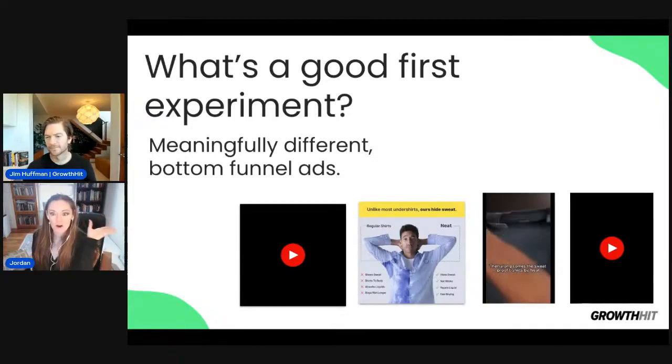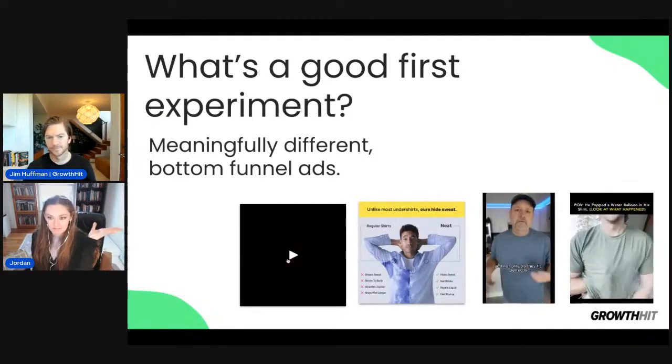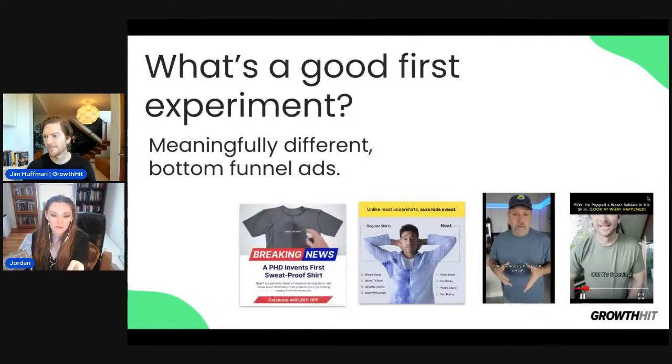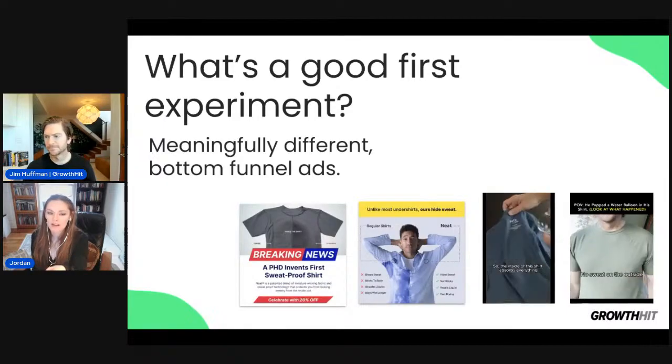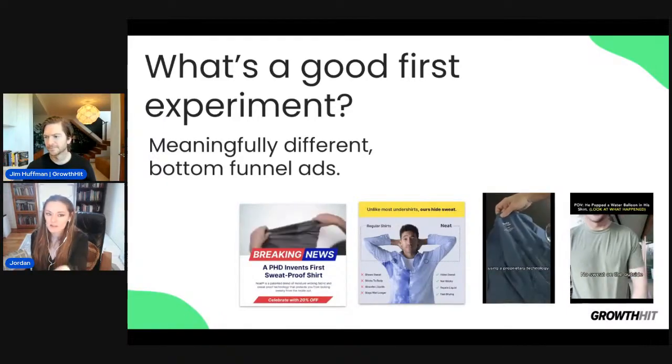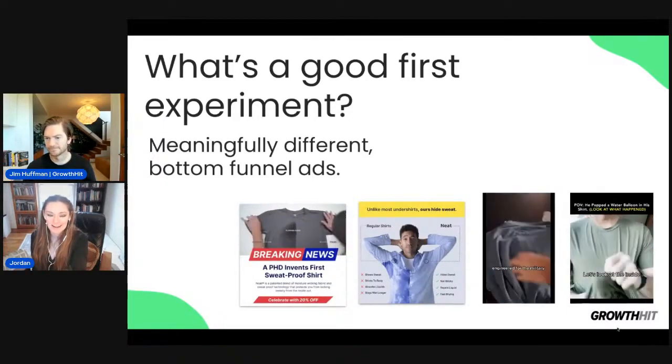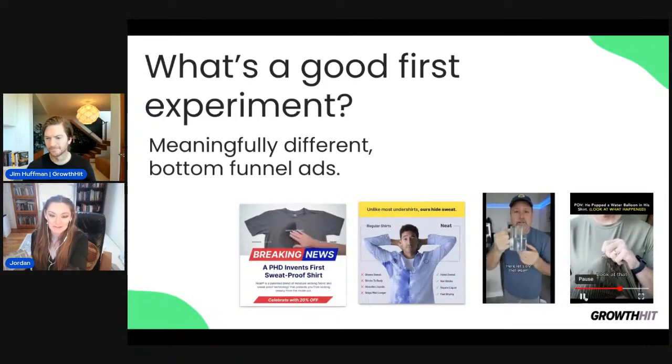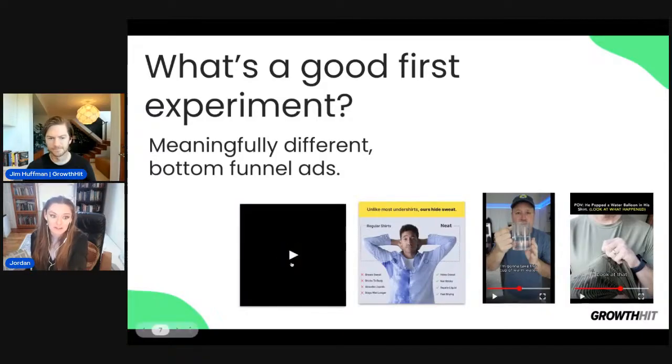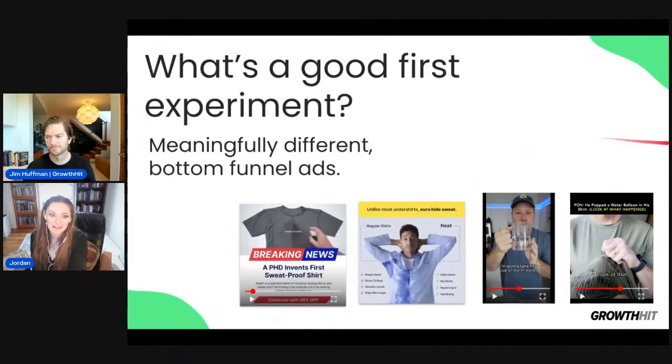When you look at these ads, they all look different. The far left one is arguably more of a top of funnel ad, but we threw it in. This was a bit of a wild card, trying to disrupt the feed and have a different look. But at the bottom, you'll see celebrate with 20% off. It still is trying to really get people to buy quickly. So I think that's what makes it more bottom funnel.